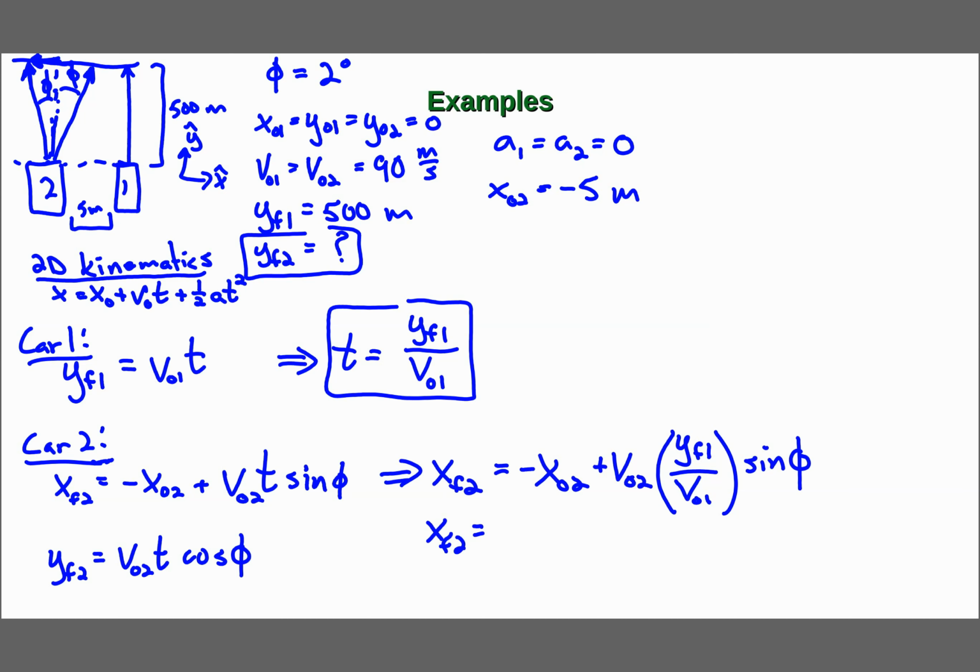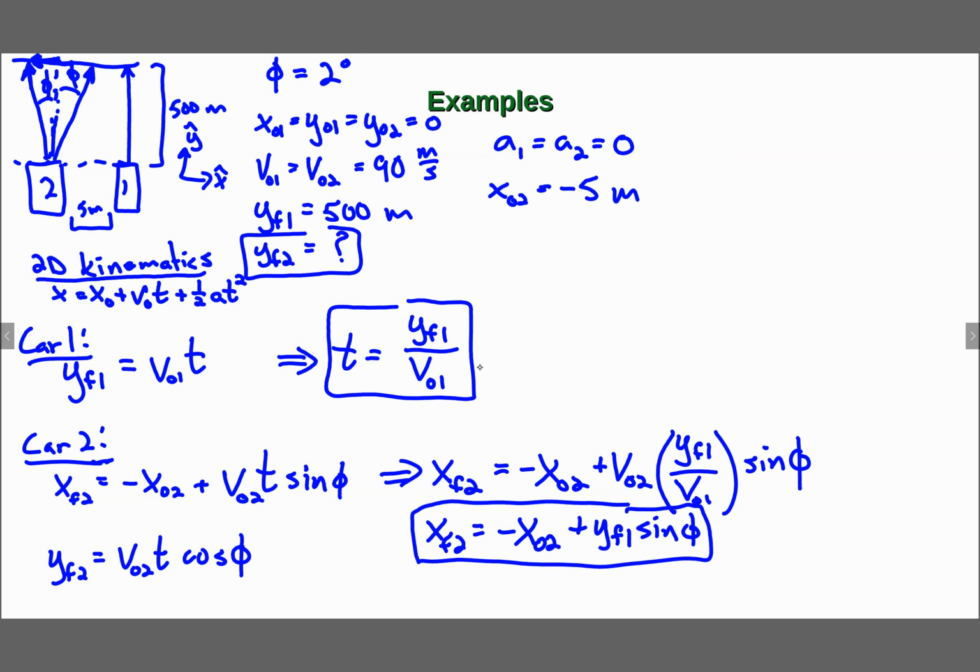And again, remember the V0 of car 2 and V0 of car 1 are the same. And this is our answer for 2. We can see for units that this is meters equals meters plus meters. So that works.